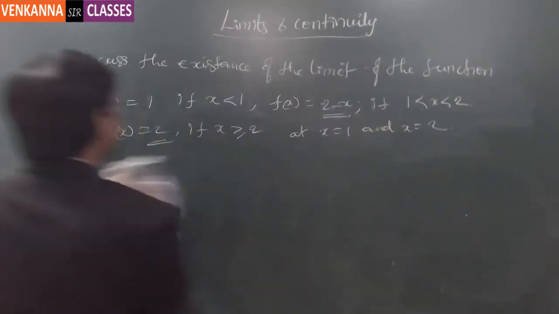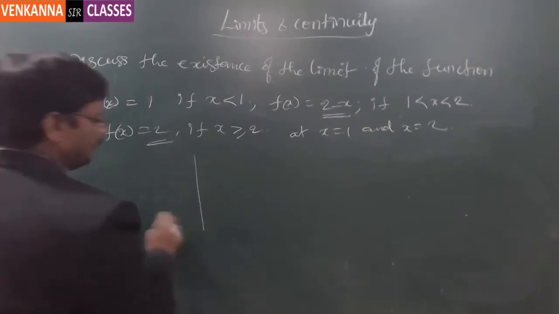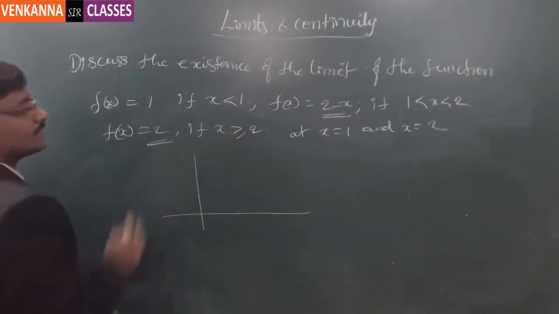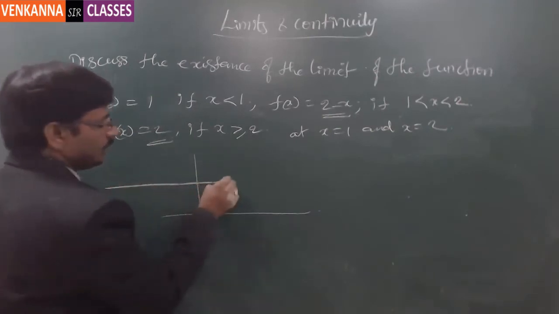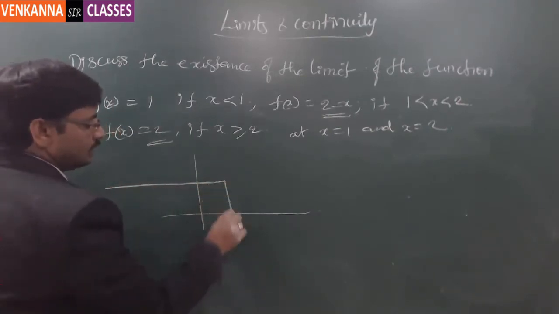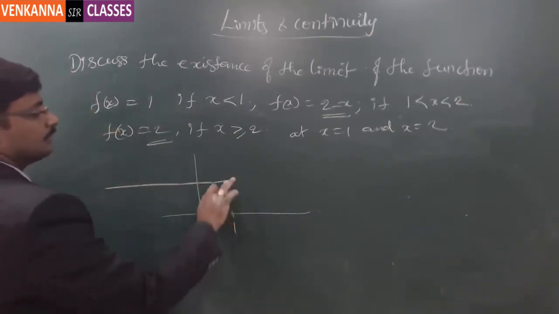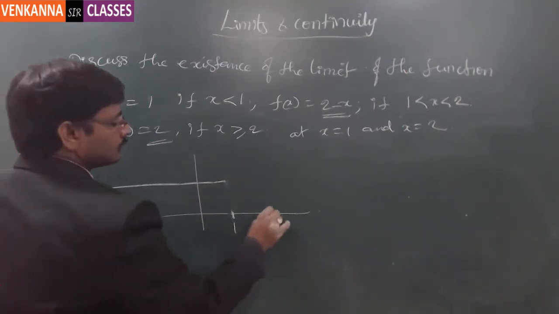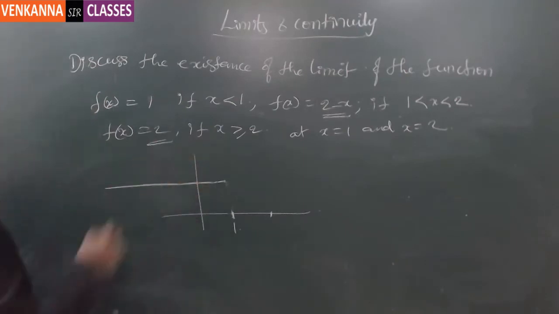Now let us draw the graph of this function. How is it going to be? See this. Here f of x is equal to 1 if x is less than 1. That means this value is 1 till the x value is coming out to be 1. So this is the function value. Then from 1 to 2, it is having a function value of 2 minus x.